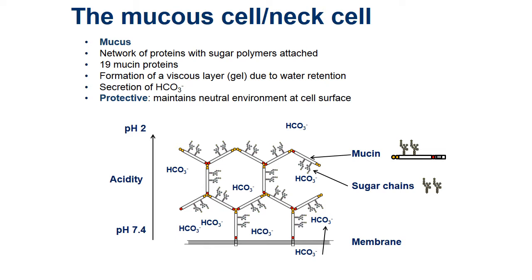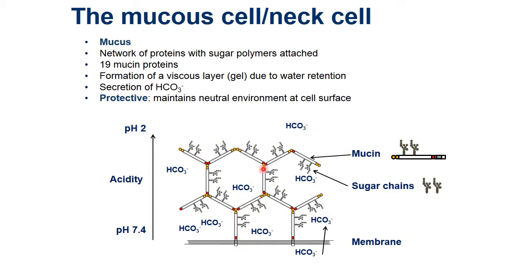So mucus is composed of a network of proteins that have long sugar chains attached. There are 19 different types of mucin proteins encoded by the human genome. Some of these mucin proteins are attached to the surface of the epithelial cell.